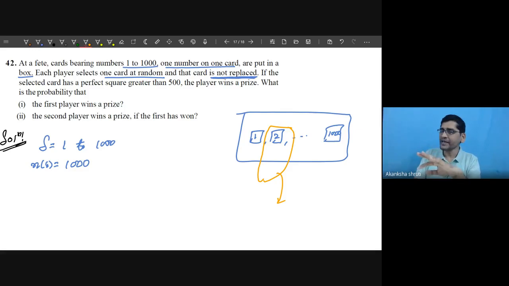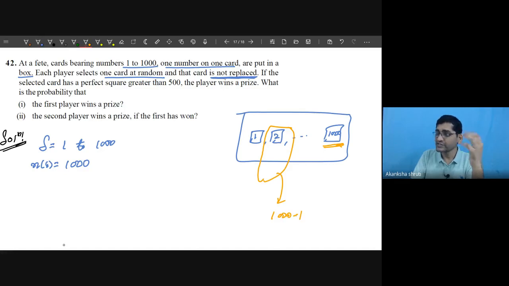So for the second player, how many cards will be there from which he has to draw? 999 or 1000. Student, total thousand are there. One is removed. So 1000 minus 1 for the second player.